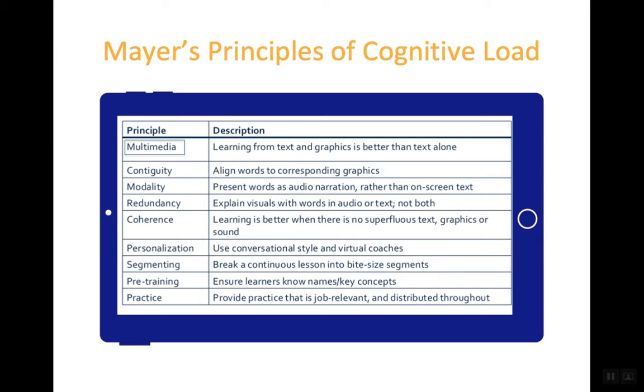Pre-training is the concept that you teach people who are novice learners information about key concepts and definitions prior to teaching the whole complex cycle of information. And then finally, practice. Practice makes perfect. So in this context, it's important to practice and rehearse information, and that helps put it into long-term memory.